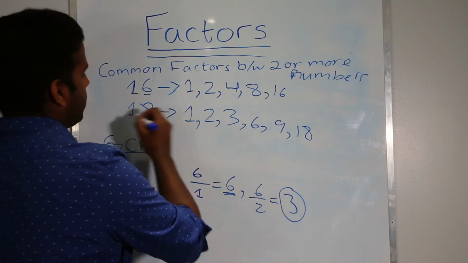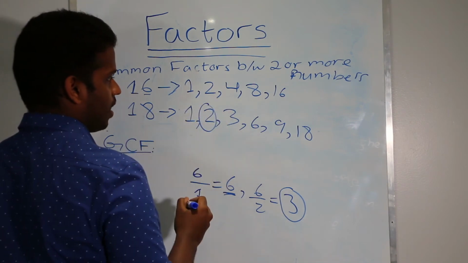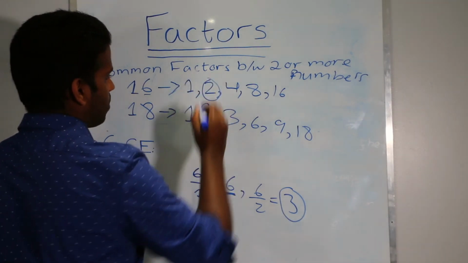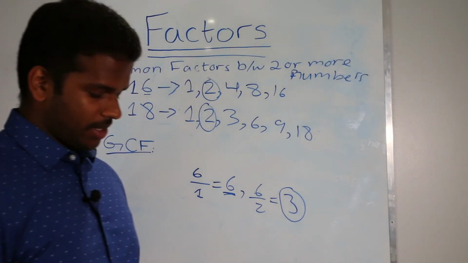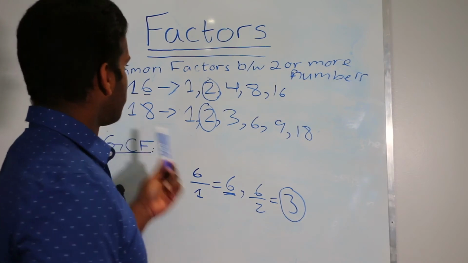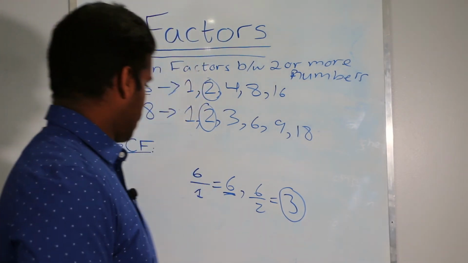Same for this one, it could be different numbers, but I chose something where the greatest common factor again is 1 and 2. But as long as you know your basic division, you should be fine for this. But you get the idea.